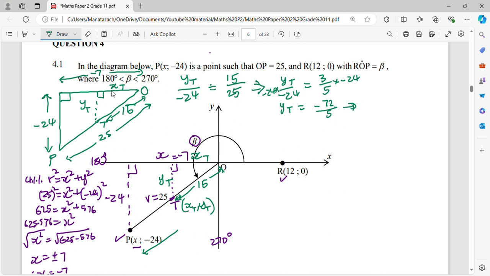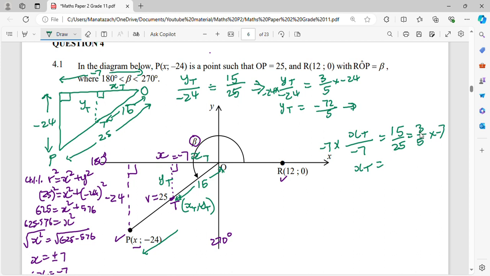Now let's do the same for the x coordinates. So we've got xT divided by the corresponding longer side, which is minus 7, is equal to 15 over 25 as well. We know that 15 over 25 is the same as 3 over 5, right? So multiply by minus 7 this side to solve for xT.